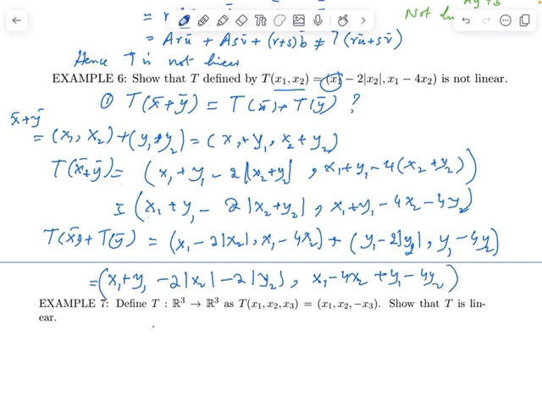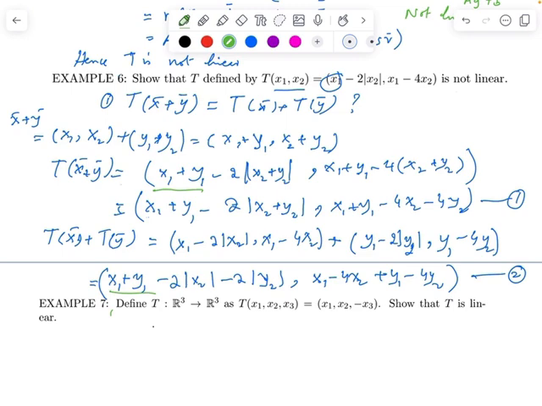Now when we compare these two results, let's call this one 1 and this one 2. When we compare them, note that these are the same.